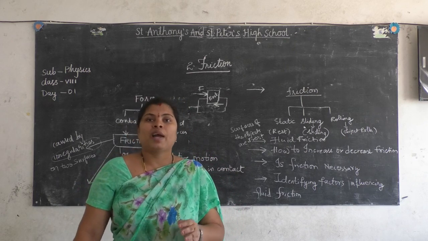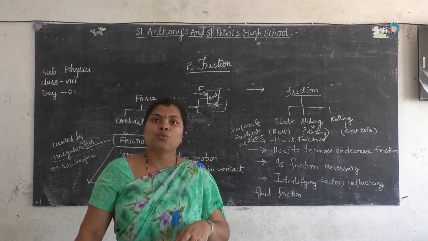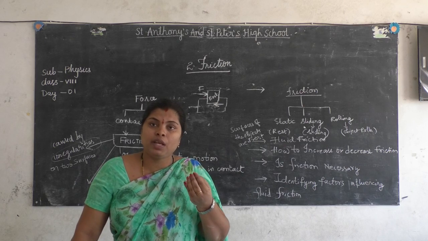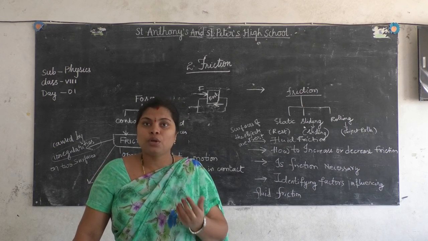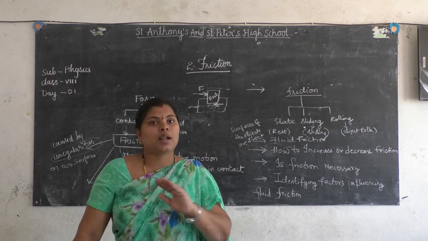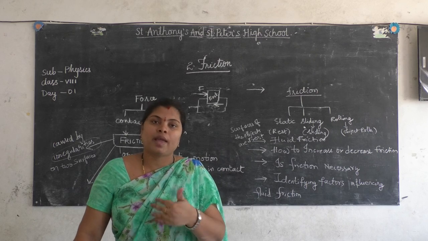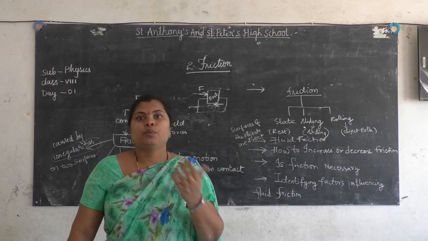If at all the surface is so smooth and the friction offered by the surface is very low or zero, my car cannot move forward, it slips off, and I will meet with an accident.